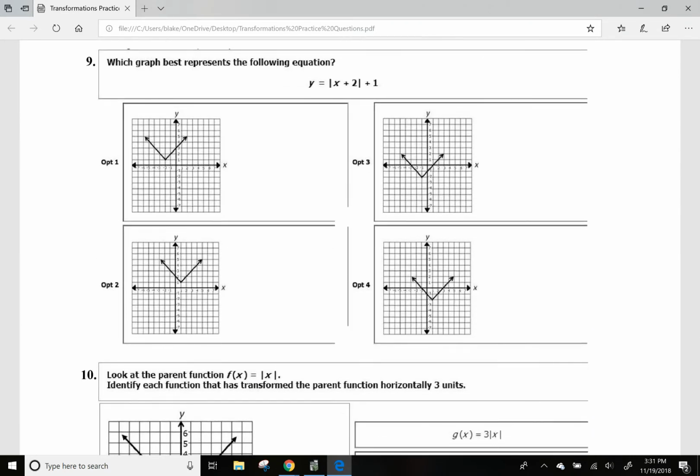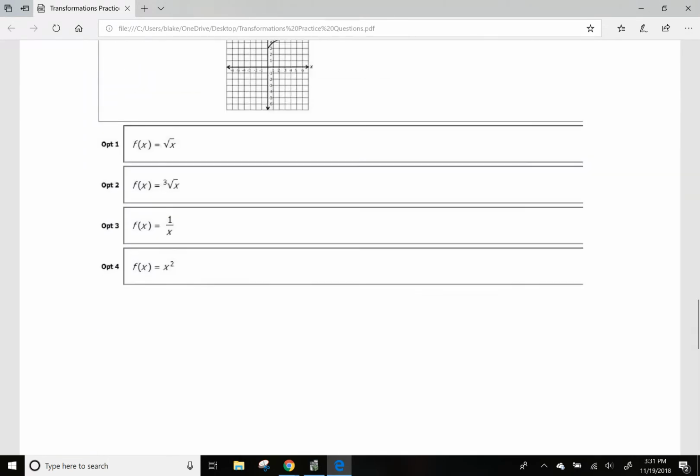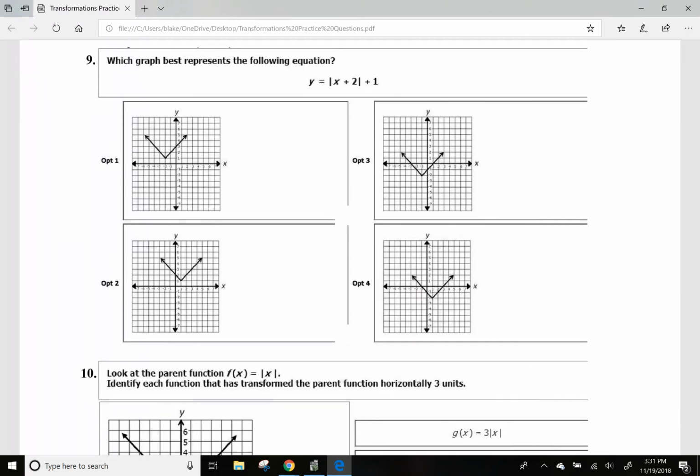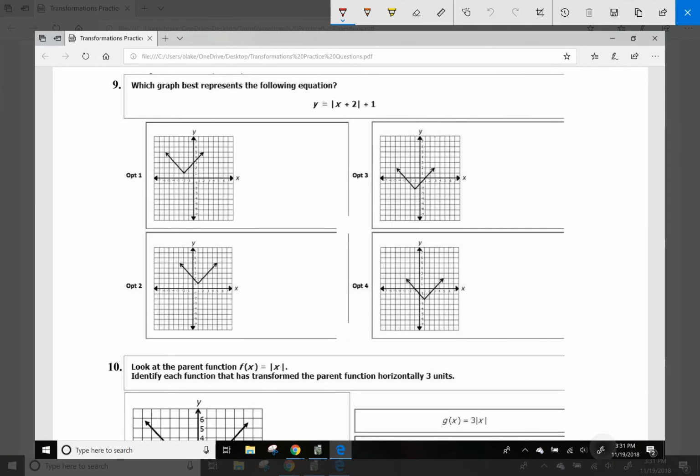So number 9, which graph best represents the following equation? This is very similar to number 7, except you're given the equation, and now I want you to find the graph. In this equation, I'm looking at my +2 on the inside. The +2 on the inside tells me a horizontal shift. +2 means left 2 because it's on the inside.